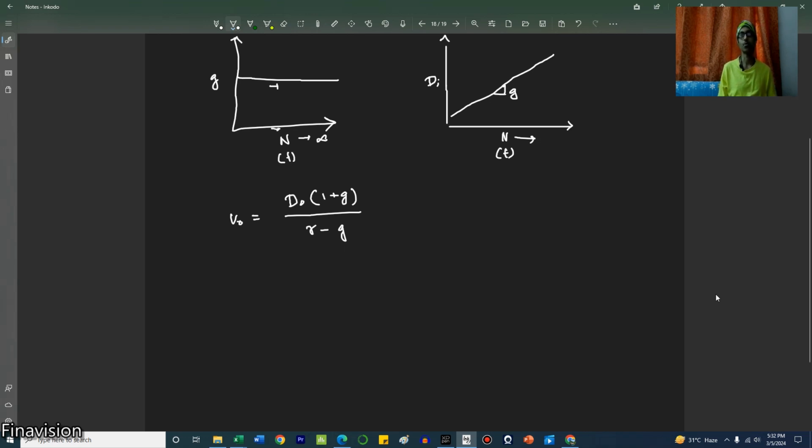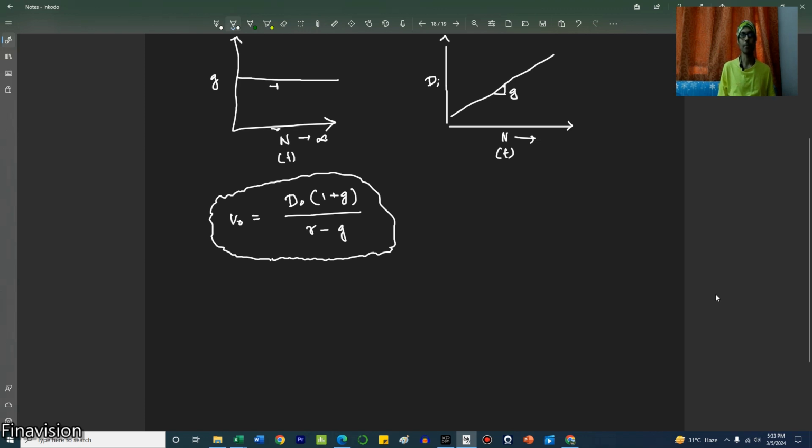This is the formula that we use for a perpetual growth rate kind of format. And this is also a single stage, guys. You can see there is only one stage where the growth is perpetual till infinity.